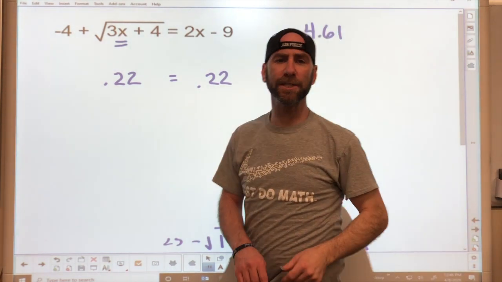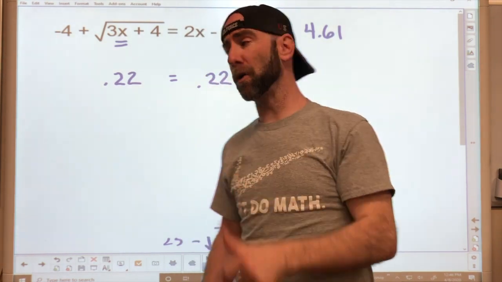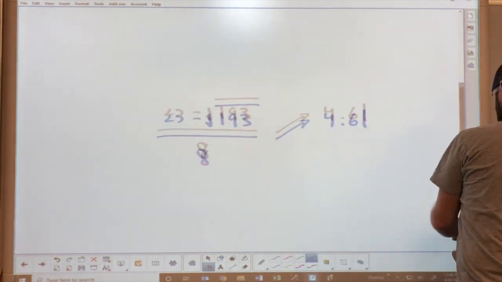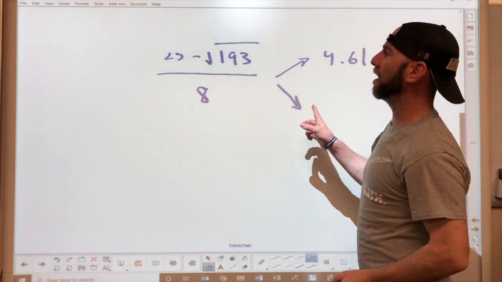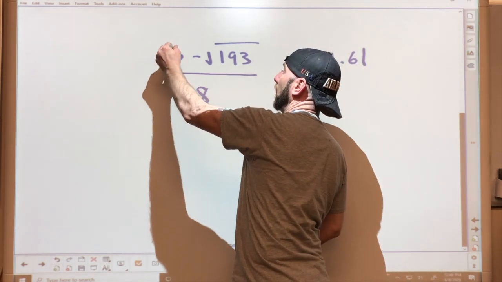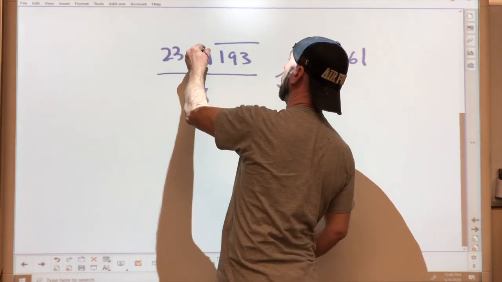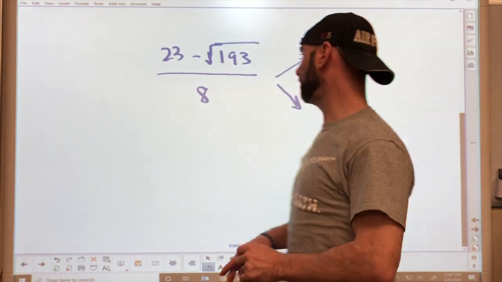Now we need to see if the other solution is a good solution as well. So, going back to our quadratic formula, give me the value of the other answer. I've got approximately 1.14.